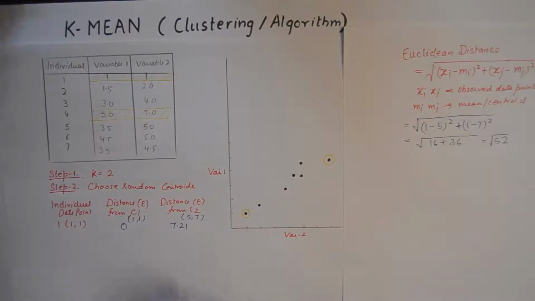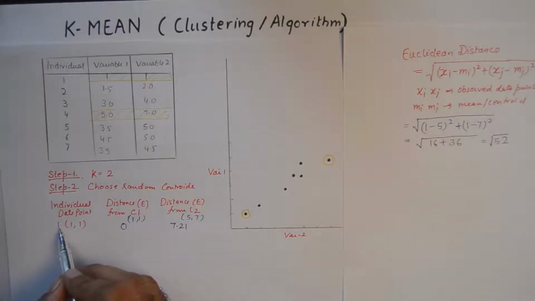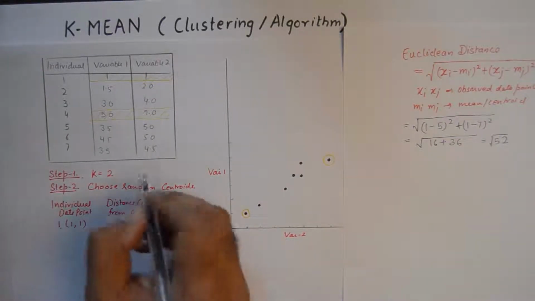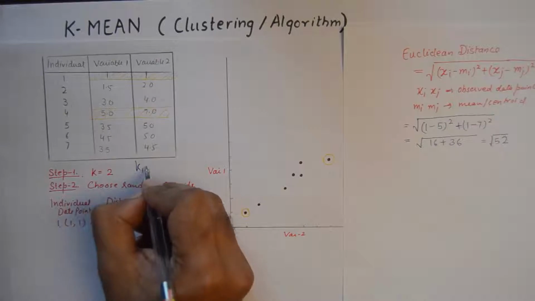Now what do you infer out of these two distances? We'll say that the data point 1 is closer to centroid 1 and is far away from centroid 2. That is why we'll say that the individual data point 1 falls into the cluster 1.